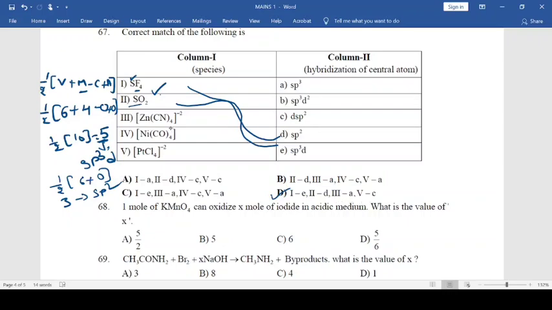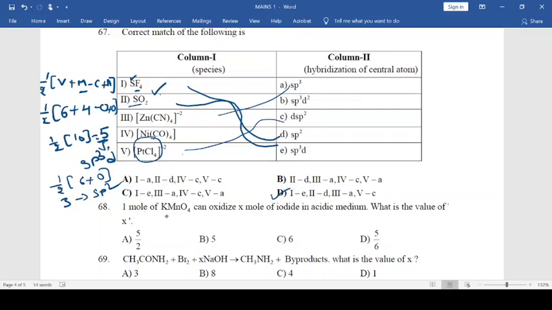First, 3 is A: Zn(CN)4 2-, it is sp3. And 5 is C: yes, platinum always undergoes dsp2 but not sp3. So the correct one is D.